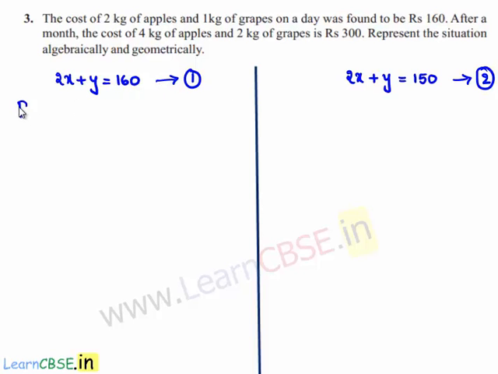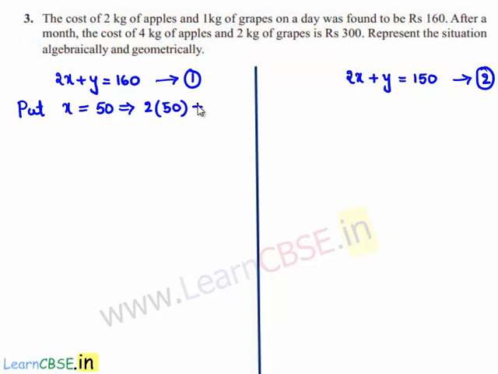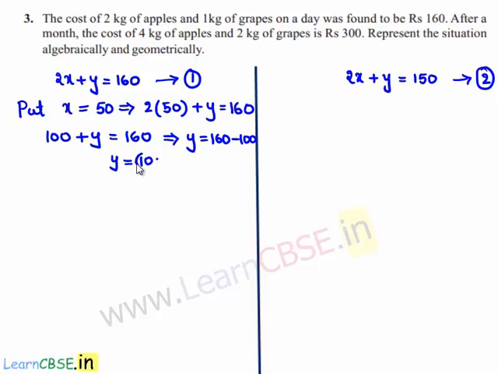Put x is equal to 50, which implies 2 times 50 plus y is equal to 160, which is nothing but 100 plus y is equal to 160. That gives y is equal to 160 minus 100. The value of y is 60. So if x is equal to 50, y is equal to 60.